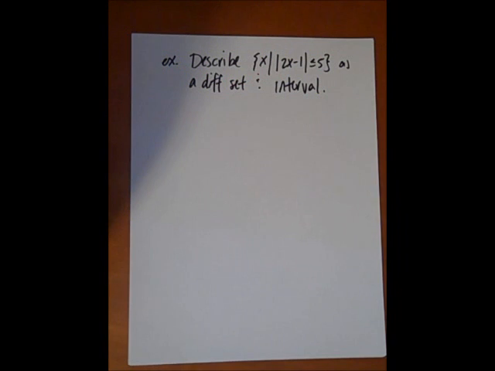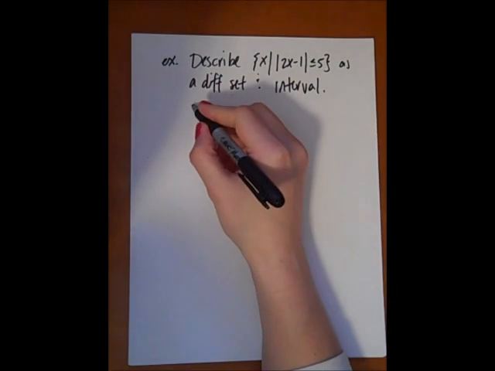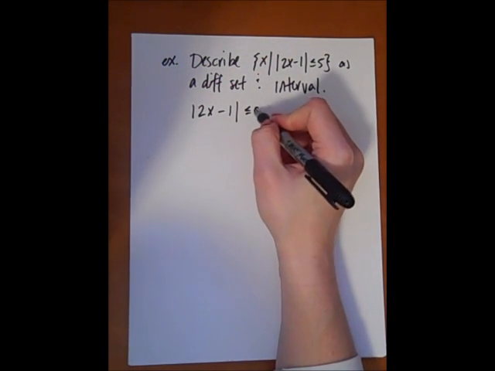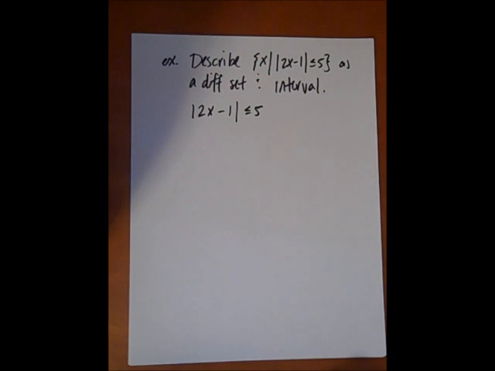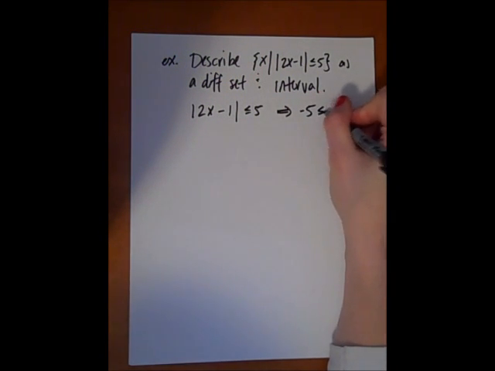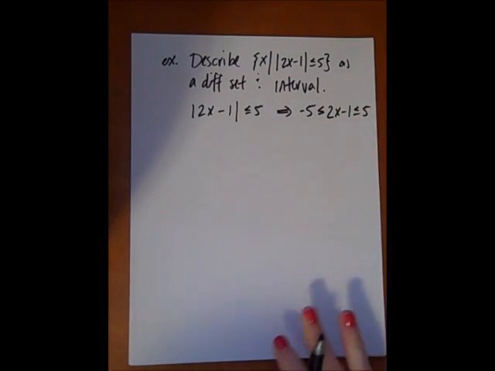So we're going to do the same thing that we did before. We don't want to have absolute values in our answer. So saying that the absolute value of 2x minus 1 is less than or equal to 5, how could I get rid of the absolute values? Bound it above and below by that top number. So negative 5 is less than or equal to 2x minus 1, which is less than or equal to 5.